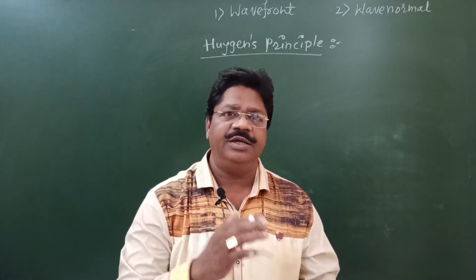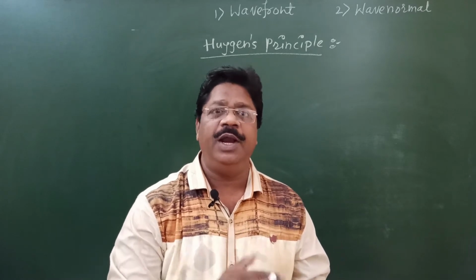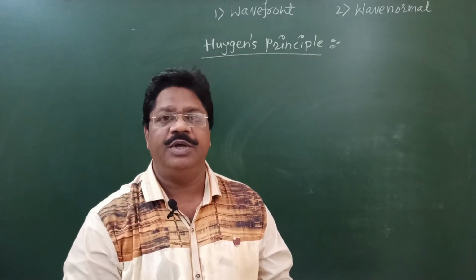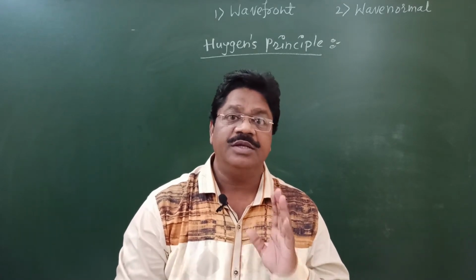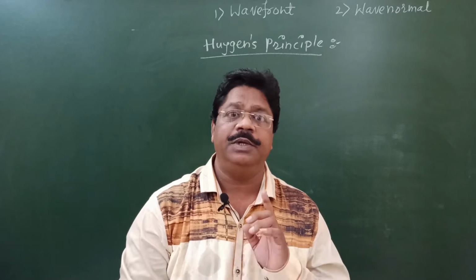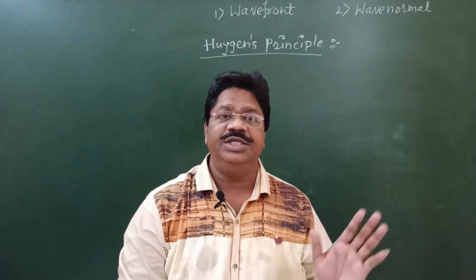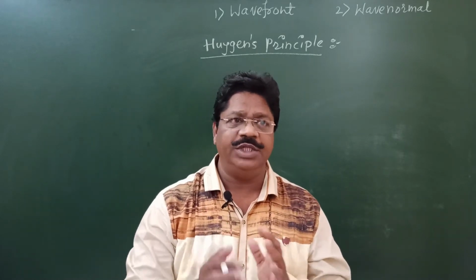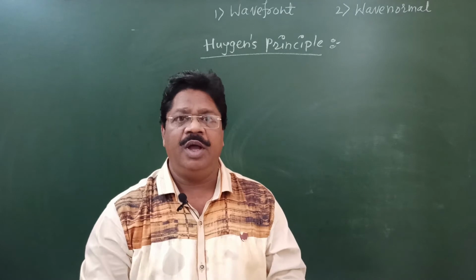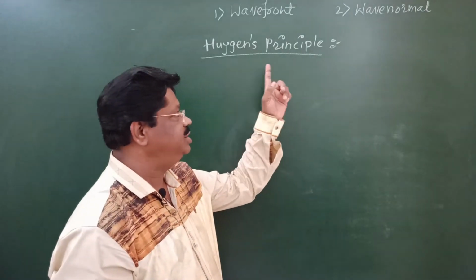But when this light falls on another body or surface, they reflect this light, and such types of surfaces or bodies are called secondary sources of light. For example, moon, planets, wall, board, these are secondary sources of light which reflect the light. And for these secondary sources of light, Huygens gave his principle, and that is called the Huygens principle.